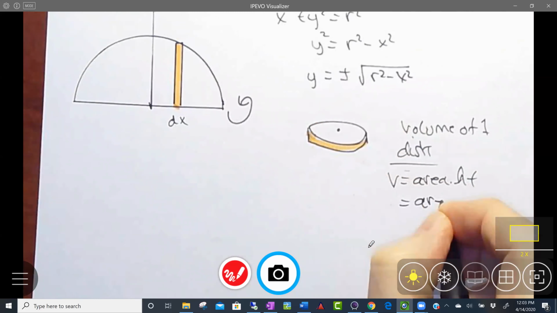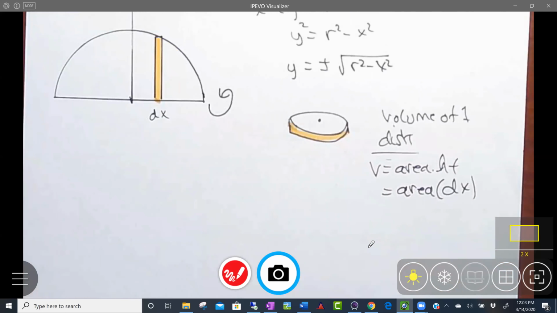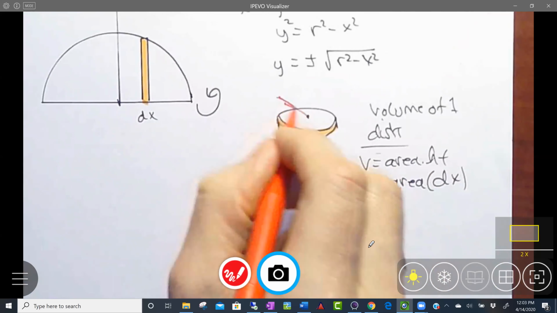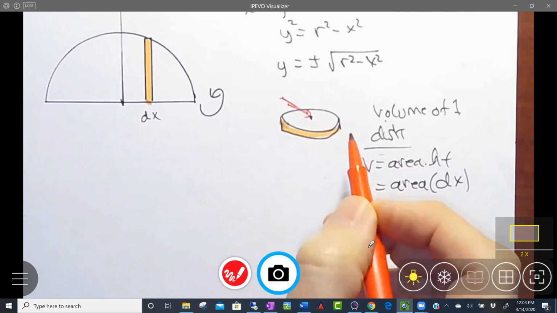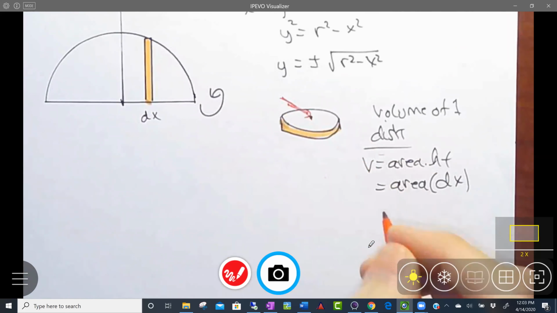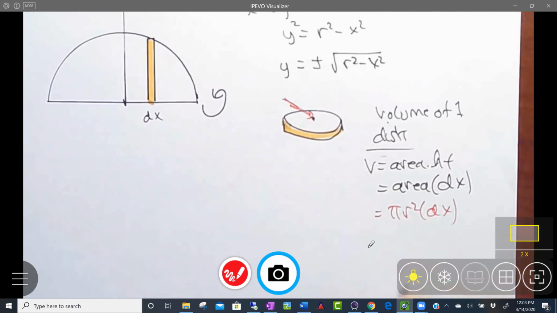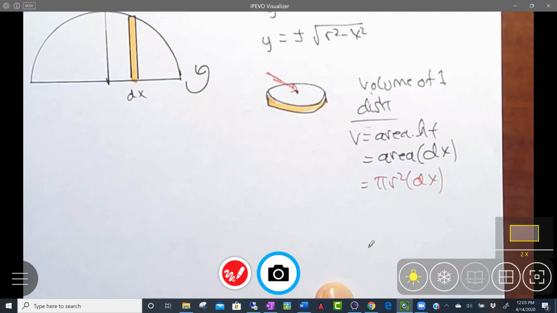So area times dx. As far as the area is concerned, can you see what this figure is? It's a disk, so the area is the area of a circle, which is pi r squared. So pi r squared times dx.